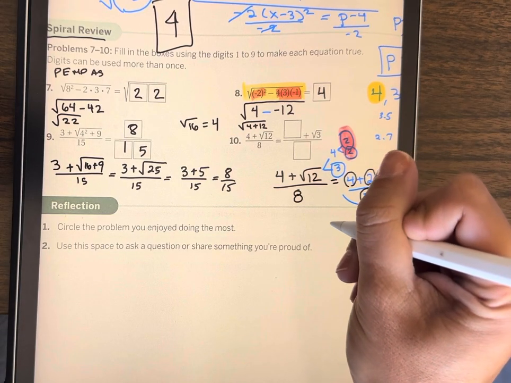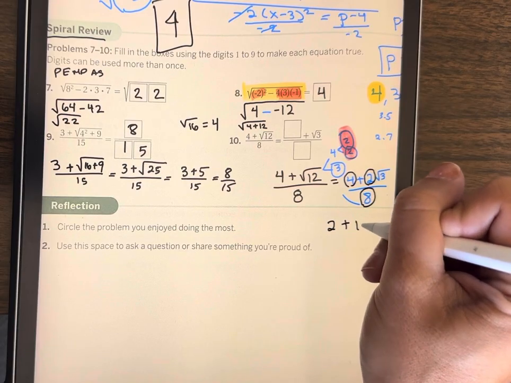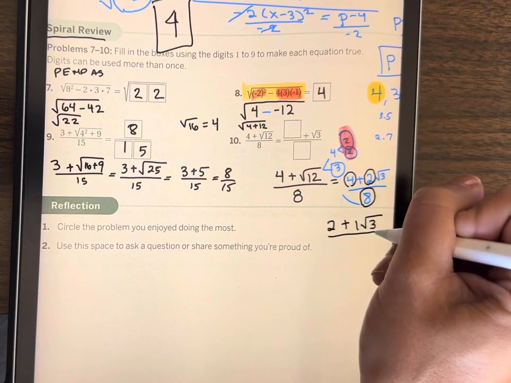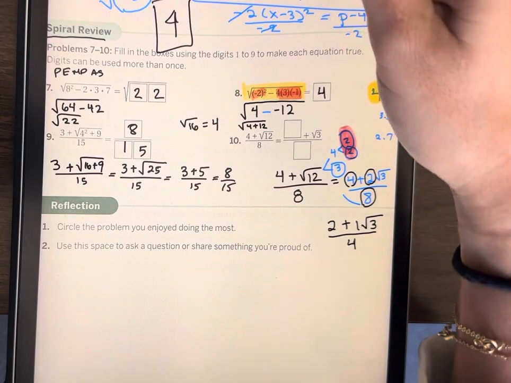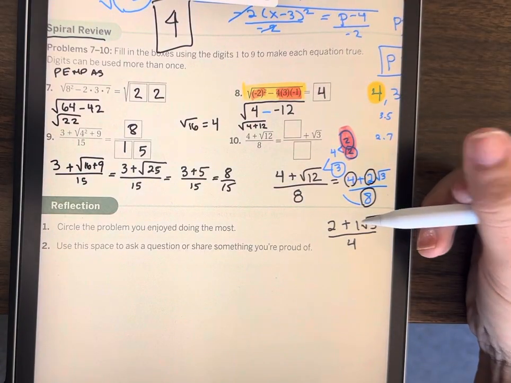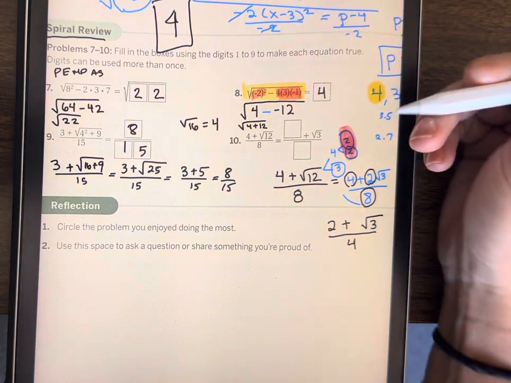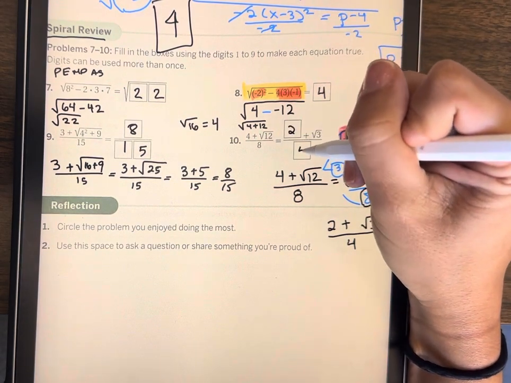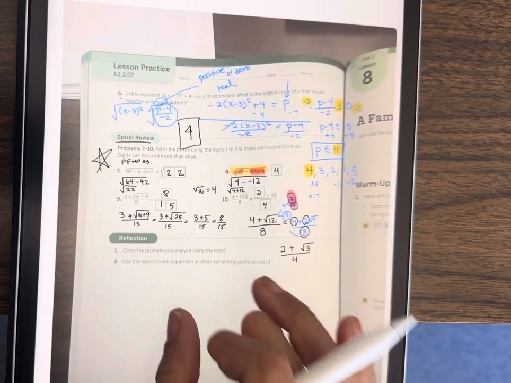Divide everybody by 2 and you'll get 2 plus a 1, rad 3, divided by a 4. And then this 1 is a little bit unnecessary. We don't need the 1. So now I can fill that out. Whew! Okay. All right, you guys.